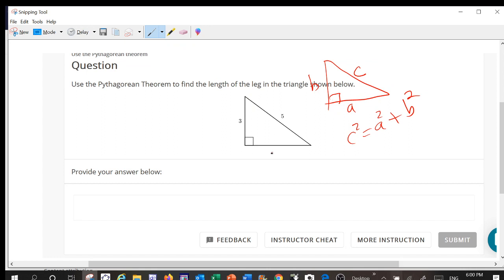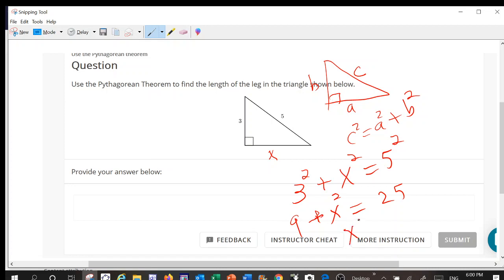So here, let's call this x, which is missing. So we know 3 squared plus x squared has to be 5 squared. That's 25, and that's x squared plus 9. So x squared has to be 25 minus 9, which is 16.